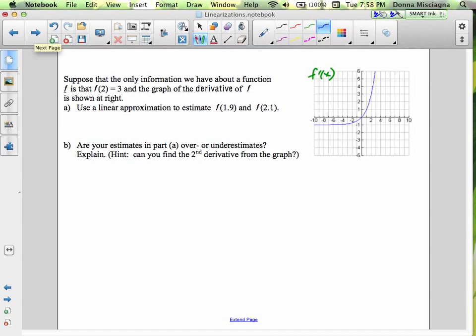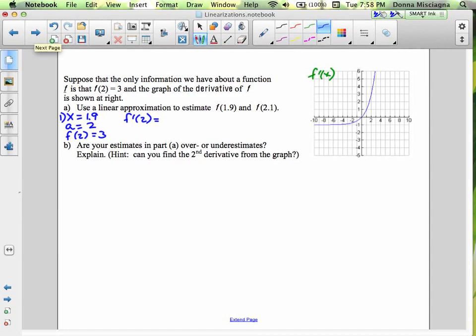We'll do 1.9 first. So x here is 1.9, not very nice to calculate. What's close to 1.9 that would be easy to calculate? Well, 2 is pretty close to 1.9, and we know that f of 2 equals 3, so that was no problem at all. Now we need to find the value of our derivative. So we need f prime of 2 for the slope in our linear approximation model.